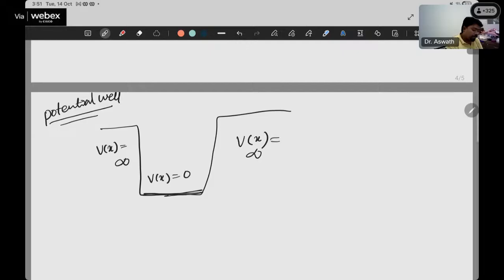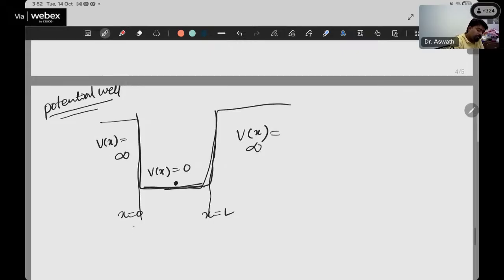If I place something inside a well, to go to the other side, let's say it has to cross either the x equal to 0 boundary or the x equal to L boundary, it needs to achieve a potential of infinite value so that it can go to the other side.